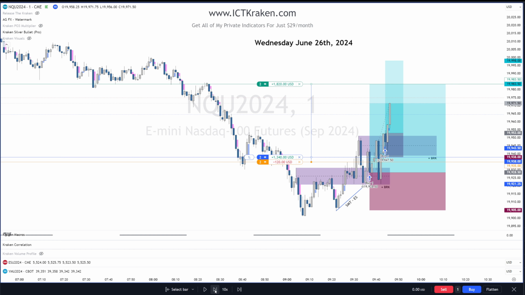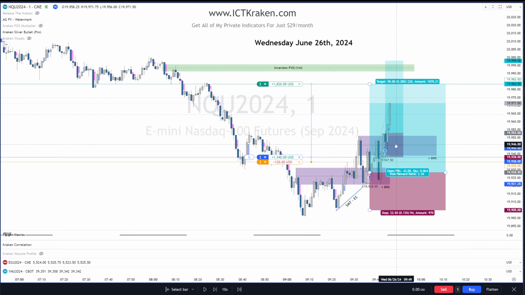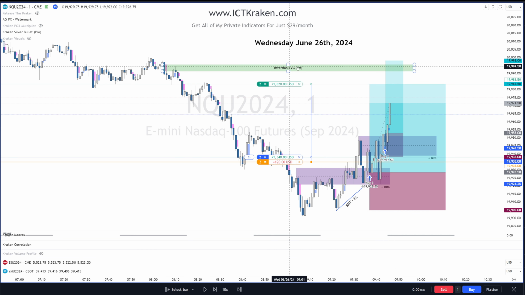Awesome. Okay, so that's my target for this one. I didn't show you, this was a 1 to 3 risk to reward ratio, and we're targeting this right here.